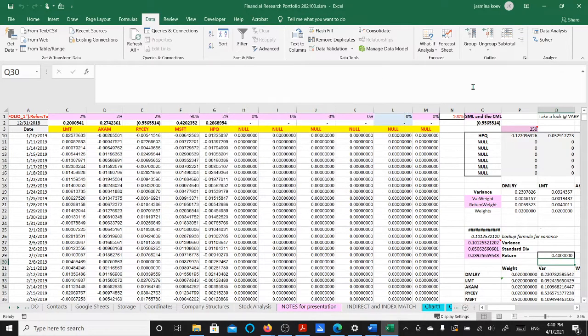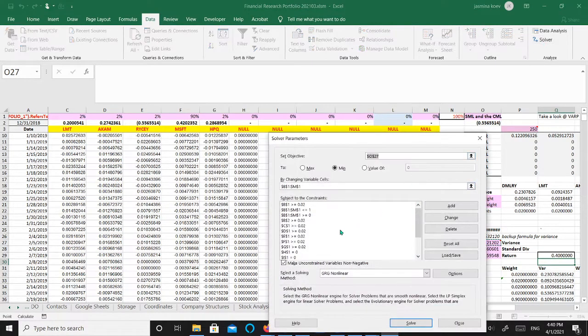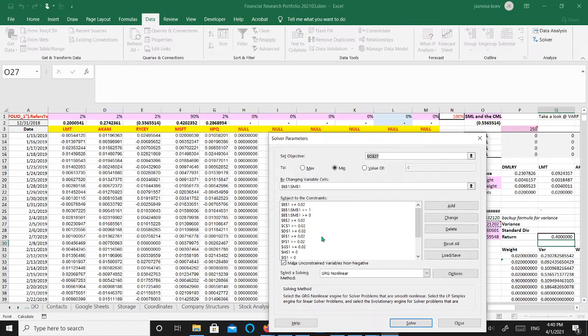I do have some constraints when I set this up, where I ask it to give me 2% in everything across the board. The reason I do that is because I ask for a standard amount to be invested in everything. I'm not shorting any of the investments.